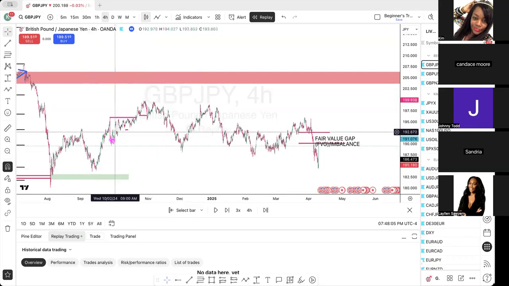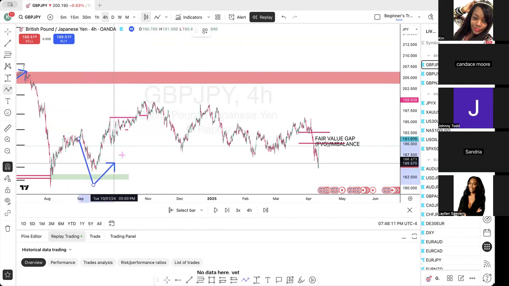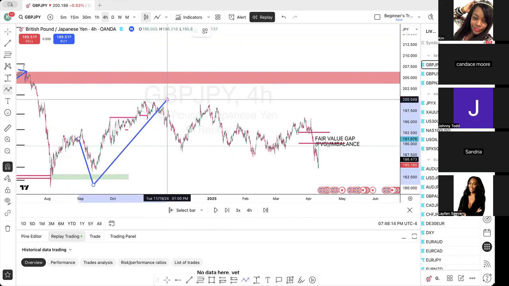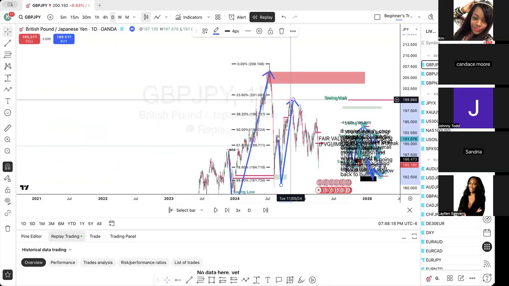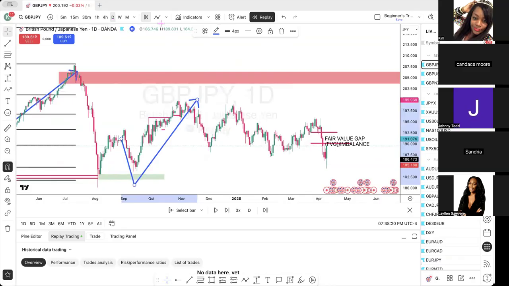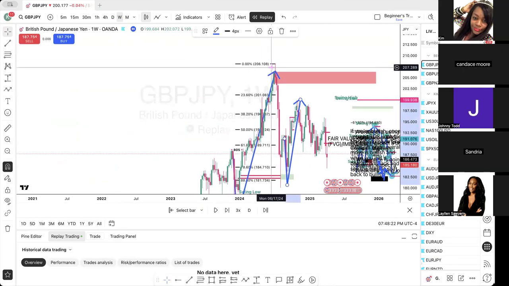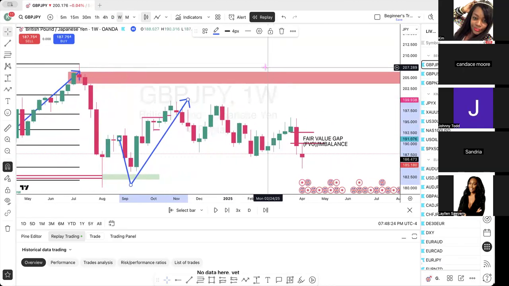Now, we see that this is a structure here, and I wanted you to see how the actual structure changes when you go to a higher time frame. You start getting rid of the noise. You see how this is just here.